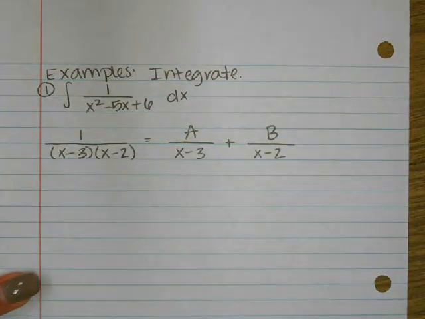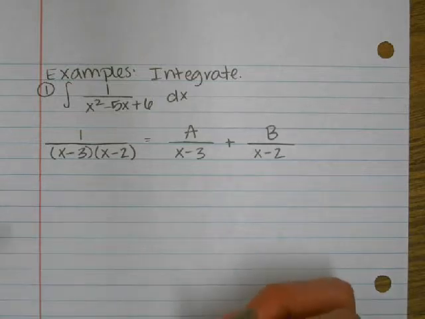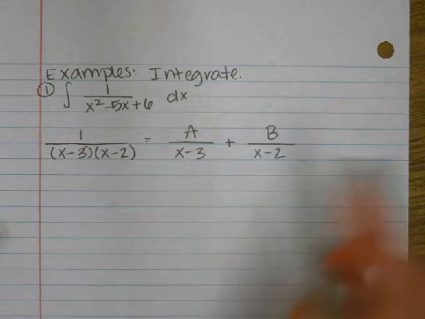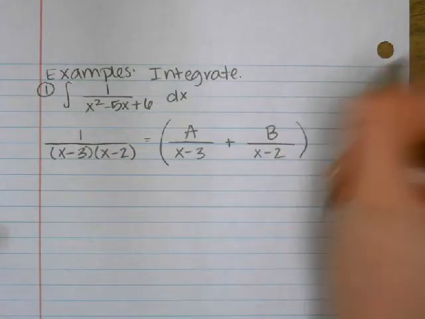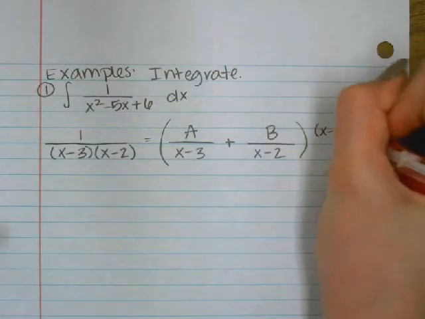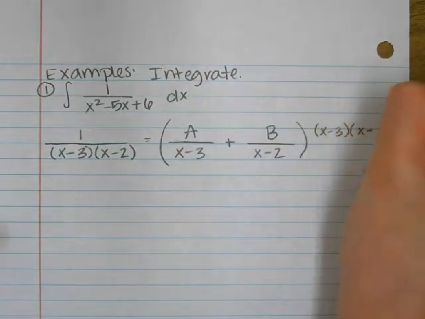All right, so now I need to do the step where I actually figure out what the A and the B are. So what I'm going to do is multiply this entire side of the equation by x minus 3 times x minus 2.